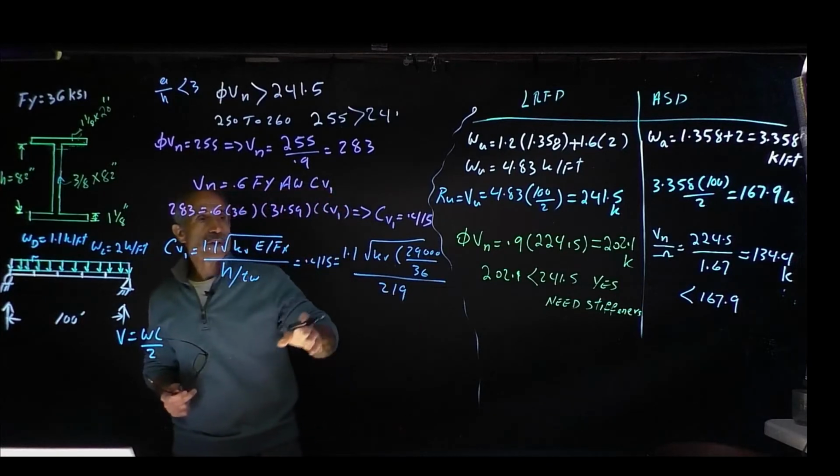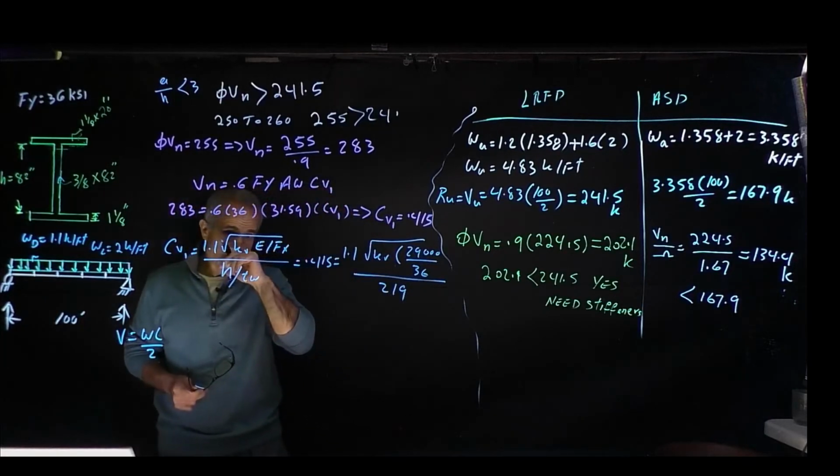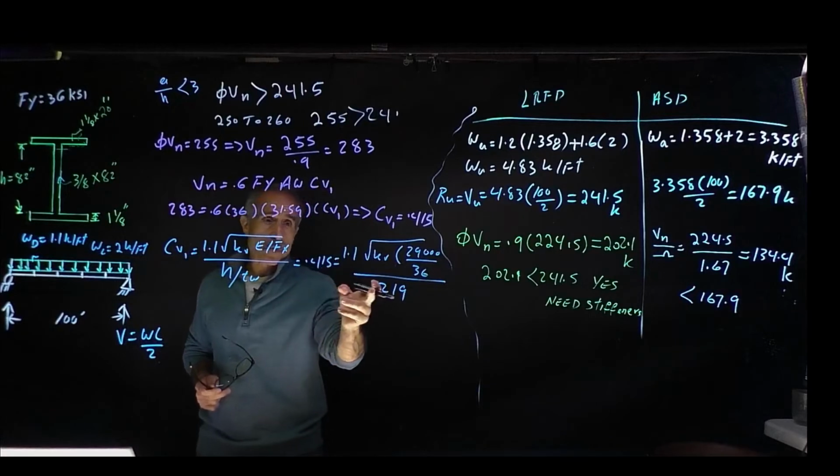So now we're going to find out what kv is going to be to satisfy 0.415.